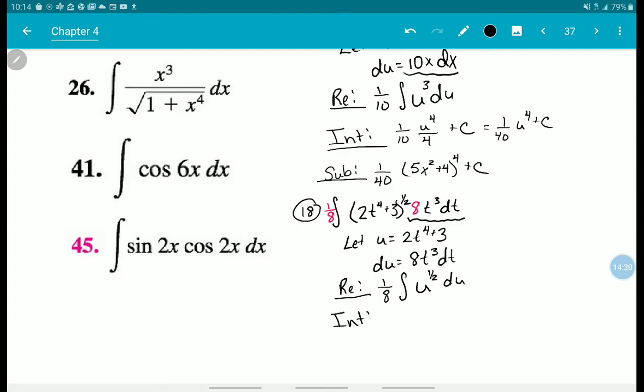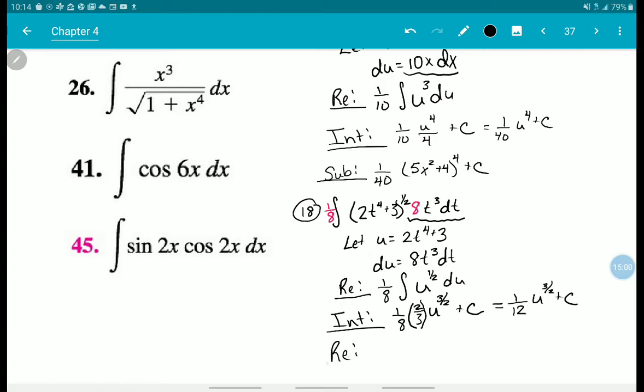Integrate. This is going to be u to the 3/2. And then we would divide by 3/2, which is the same thing as multiplying by 2/3. Plus c. So if we reduce here, that 2 and 8 reduce, so we're going to end up with a 1/12 there.